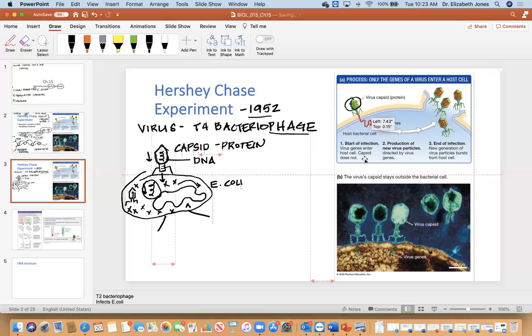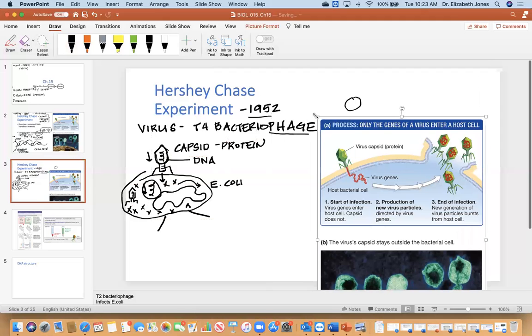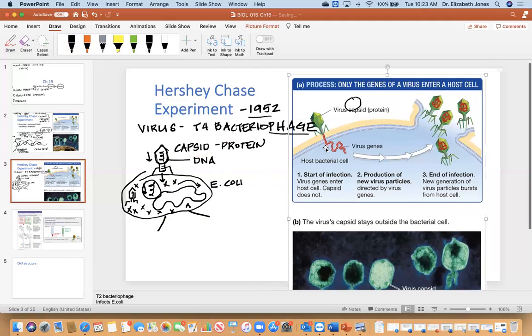Let me just enlarge this for just a second for you folks so that you can really see what's going on. Here we have our bacteriophage, okay? This is really what it looks like. It's injecting its viral DNA into the bacteria, and then the bacteria can't really differentiate between its own DNA and the virus DNA.